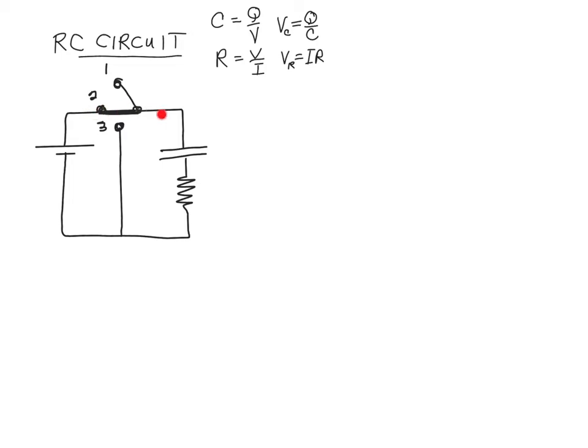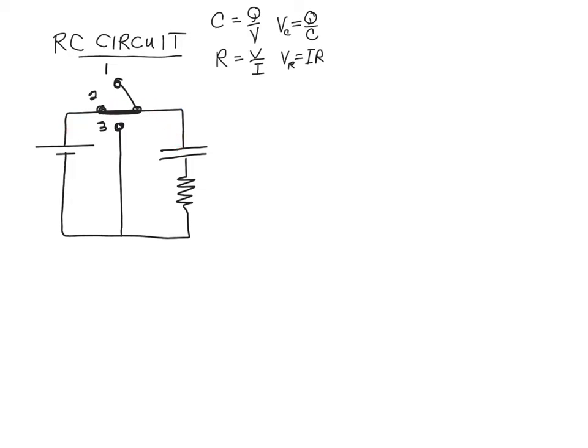Because if there's current flowing, the capacitor would continue to charge, and it won't charge past 12 volts for a number of reasons. The simplest is that if the capacitor were bigger than 12 volts, then it would charge the battery. So it's going to charge to 12 volts and stop.